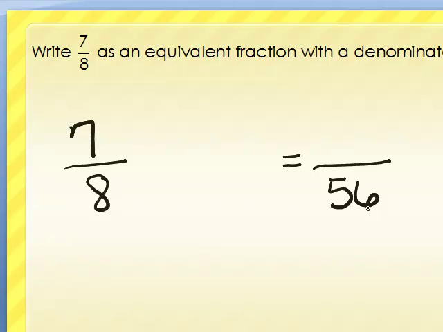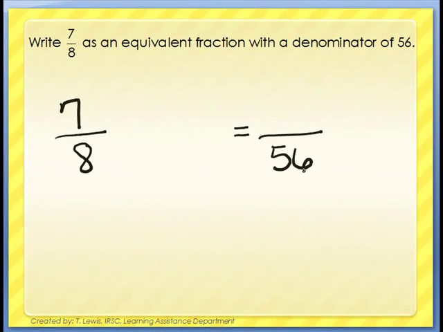As we convert this 7/8 into 56, I want you to think about the rule: whenever you multiply or divide a number to a fraction, it must be multiplied or divided to the numerator and denominator, and it must be the same identical number.